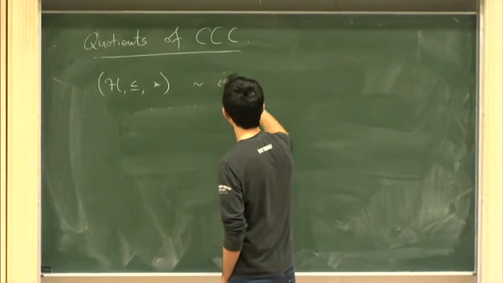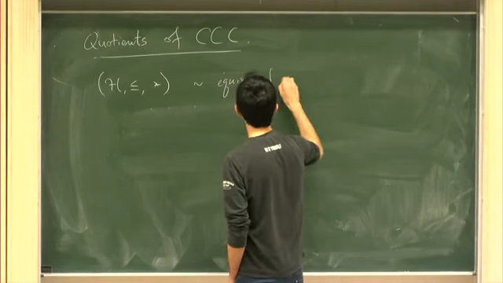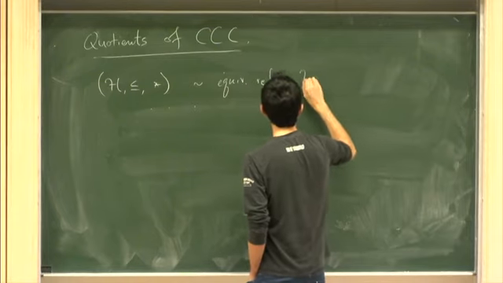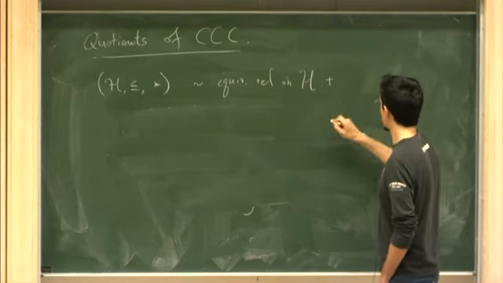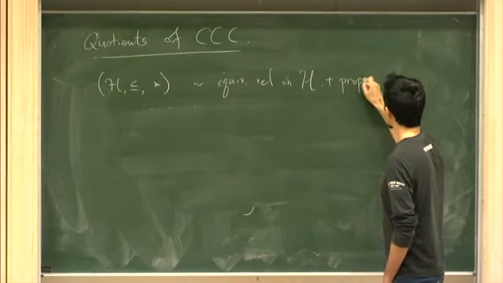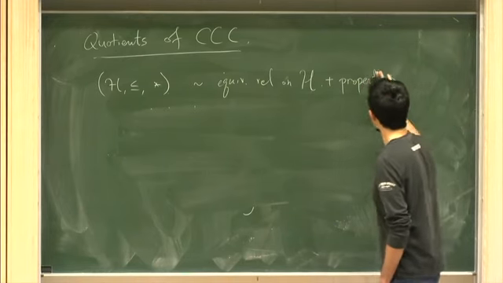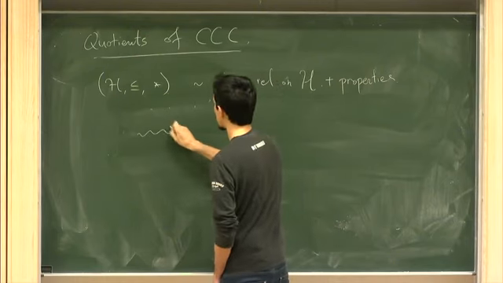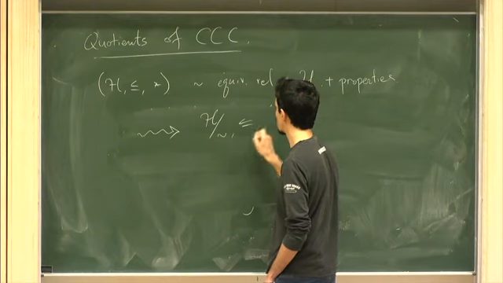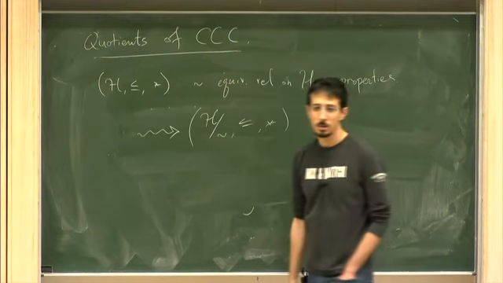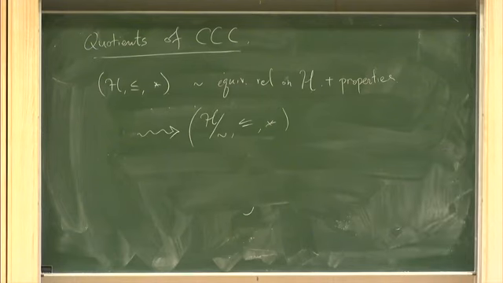This is going to be an equivalence relation on H with certain properties. And what we want to get out of this is a poset structure on the quotient. This is how we do quotients.